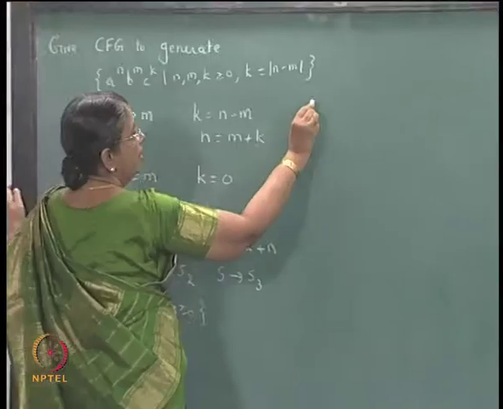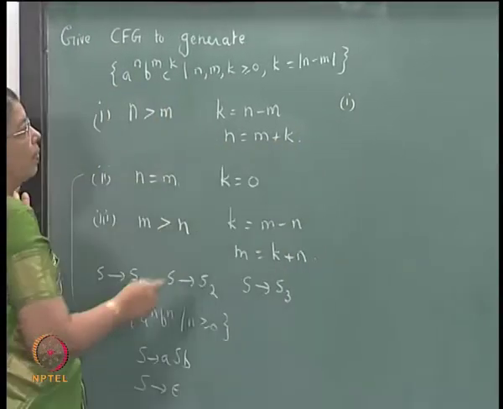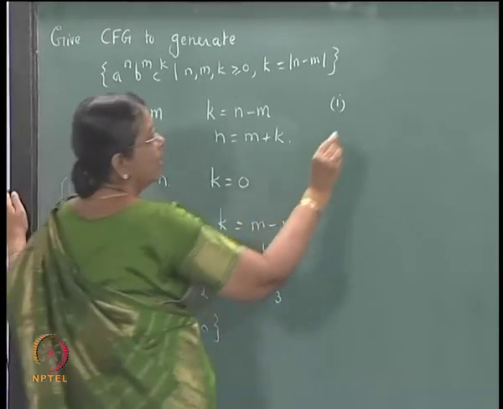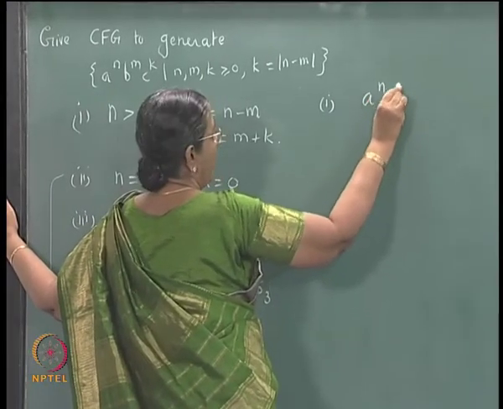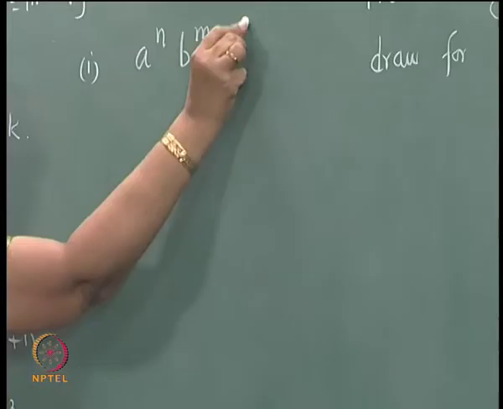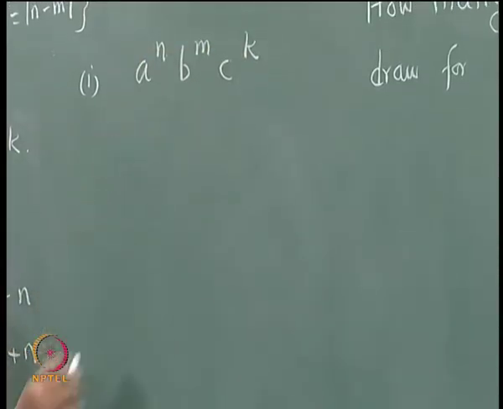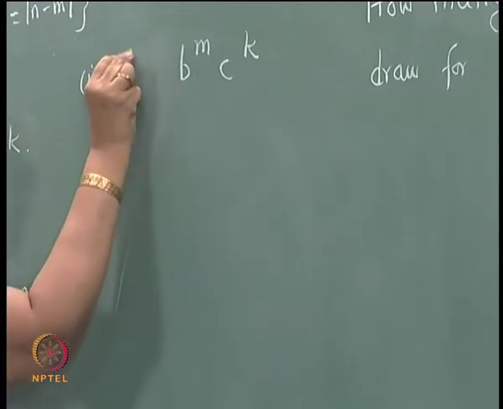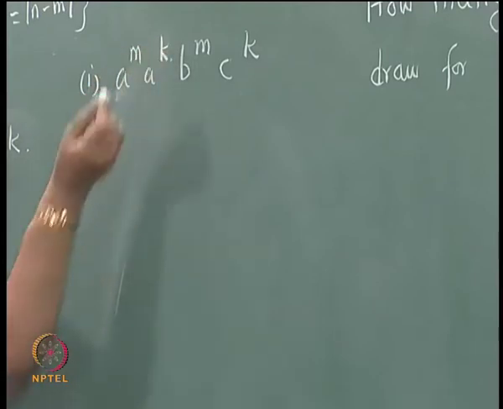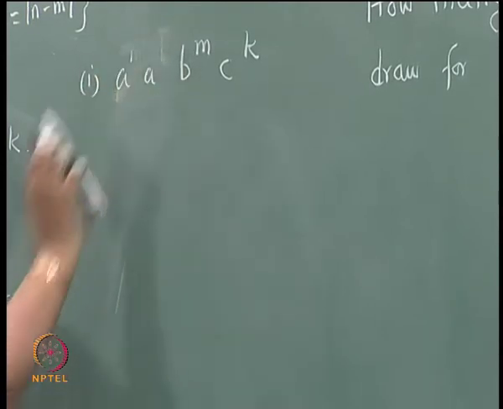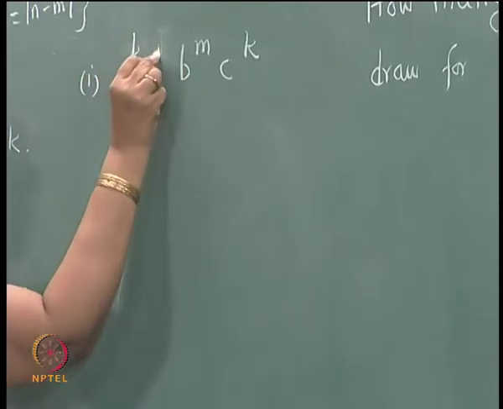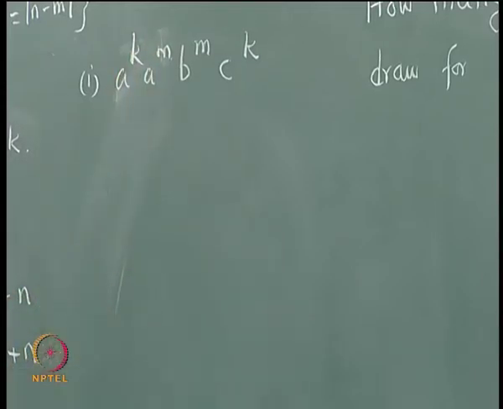The first portion is n is equal to m plus k. So the strings will be of the form a^n b^m c^k, but n is m plus k. So you can write it as a^k a^m b^m c^k.